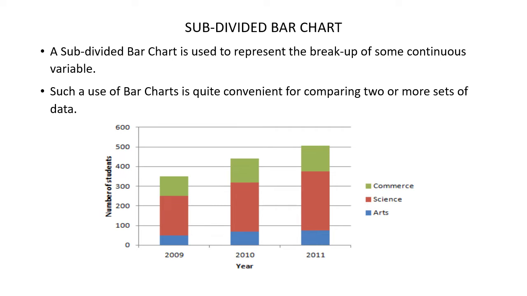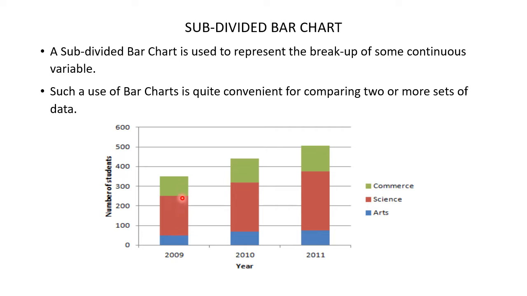Now observe a major difference between the simple bar chart and subdivided bar chart. In a simple bar chart, this whole bar represented one variable, whereas in a subdivided bar chart, this bar represents the breakup of a single variable.